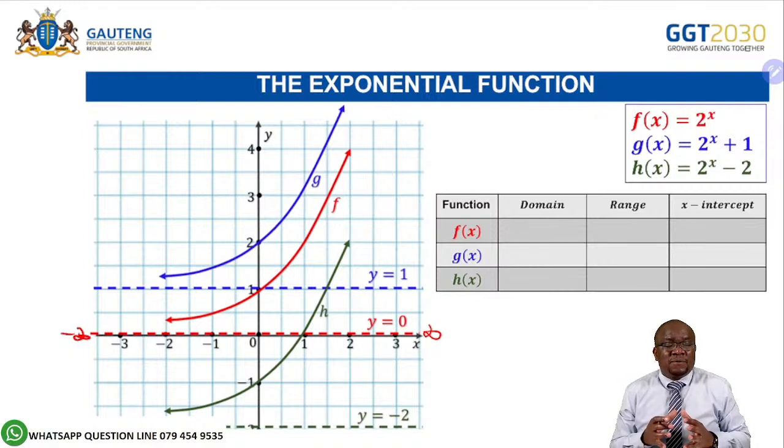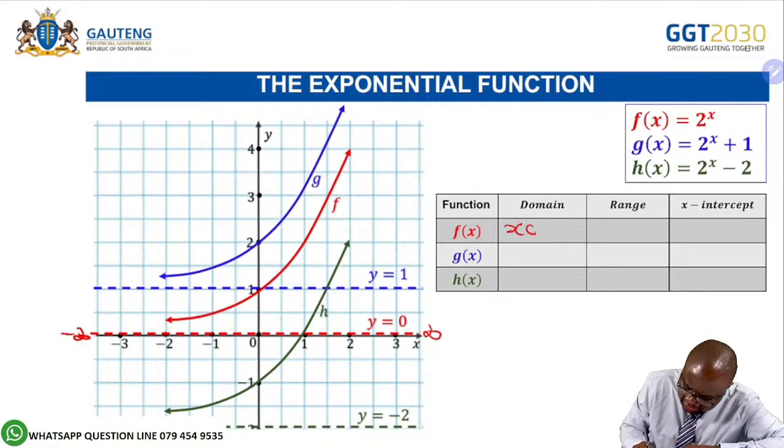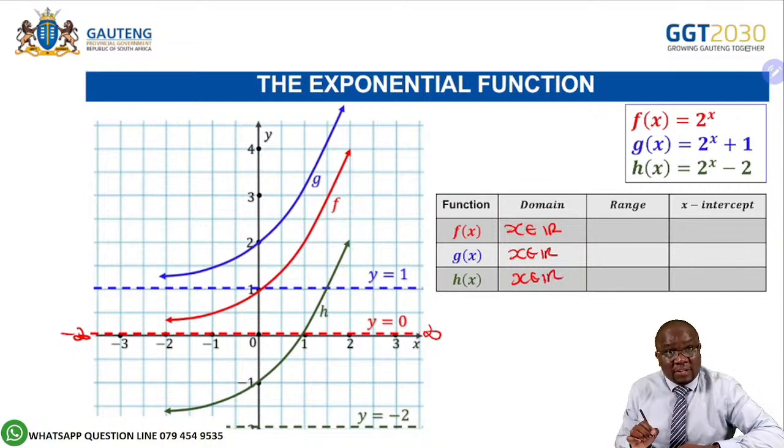If you check for the linear graph, the parabolic function, the hyperbolic function, even the exponential function, the q value does not affect the domain. It affects the range. So the domain is x an element of the real numbers.